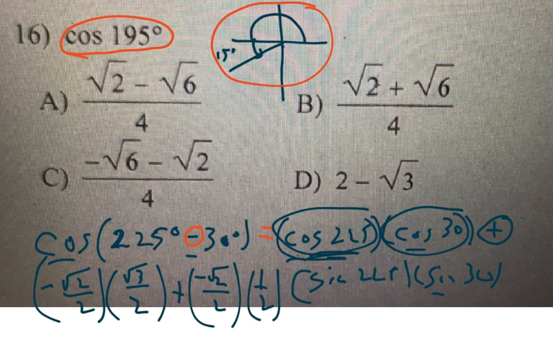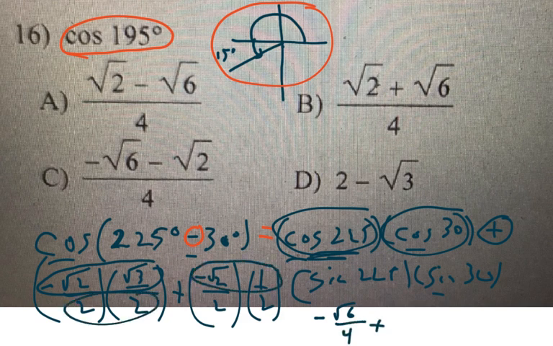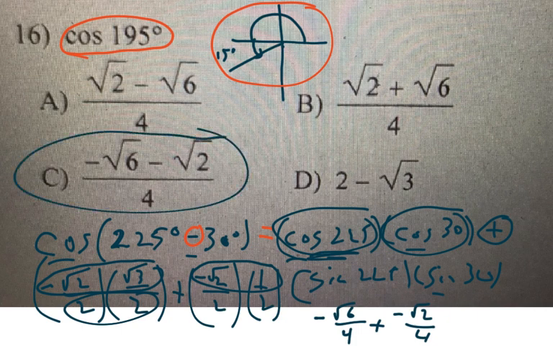What I see here is if I multiply this together, I get negative square root 6 over 4 plus negative square root 2 over 4. So if you look at your answers, you can see here it is. Negative square root 6 over 4 minus square root 2 over 4.